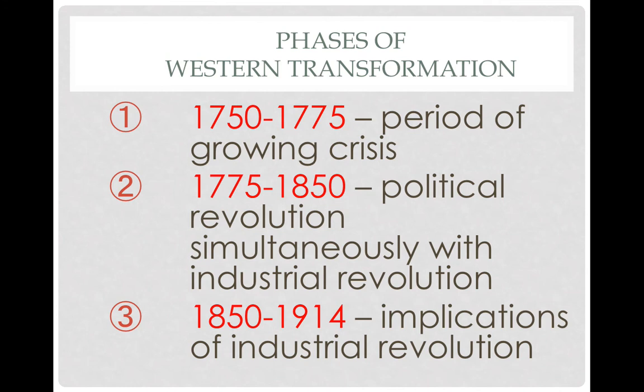Every new technology causes an impact, and every impact causes political repercussions. And then from 1850 to 1914, we have the implications of this last 100 years of an industrial revolution. And some would say that implication ends and culminates with World War I.